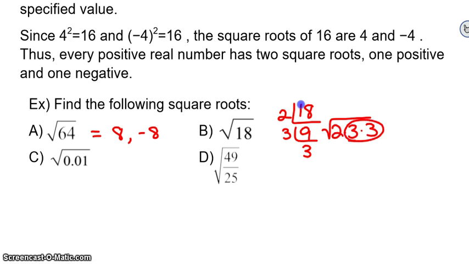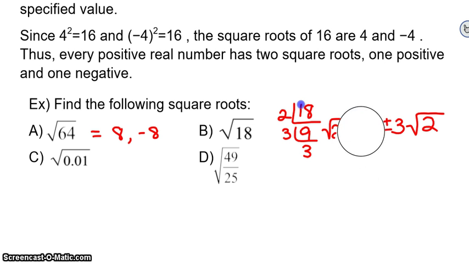Well, these two factors actually make 9, and the square root of 9 is 3, so we can take that out. And the 2 that's inside there still gets left in. So the square roots of 18 are plus and minus 3 square root of 2. You could use a calculator to approximate those values, and later on in the lesson we will do that.